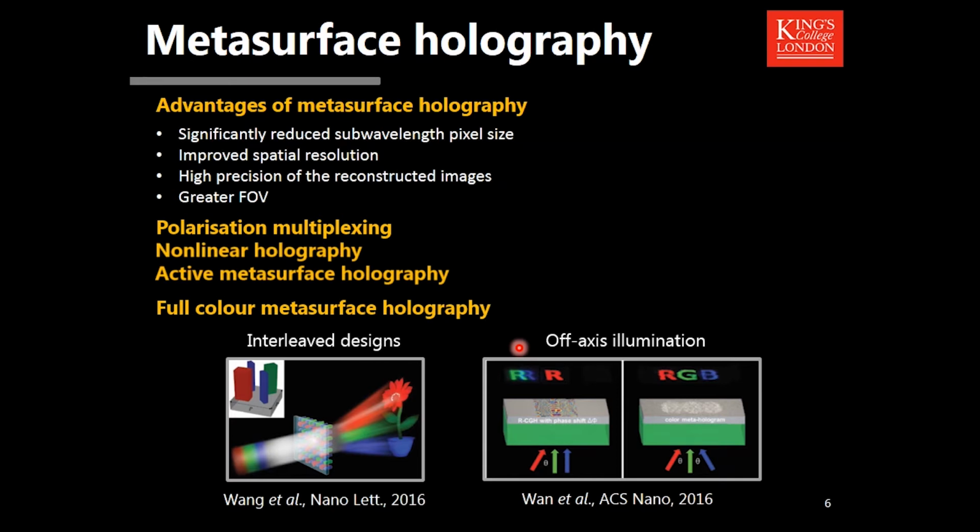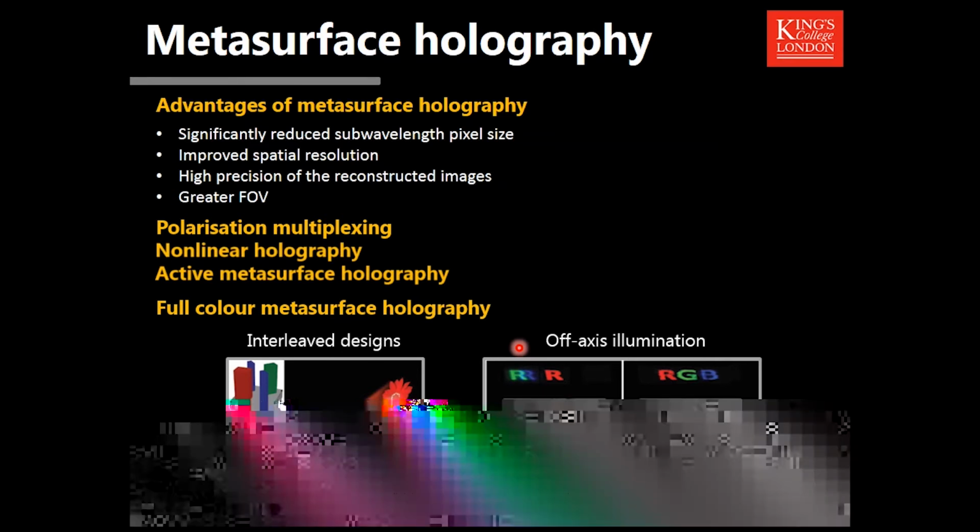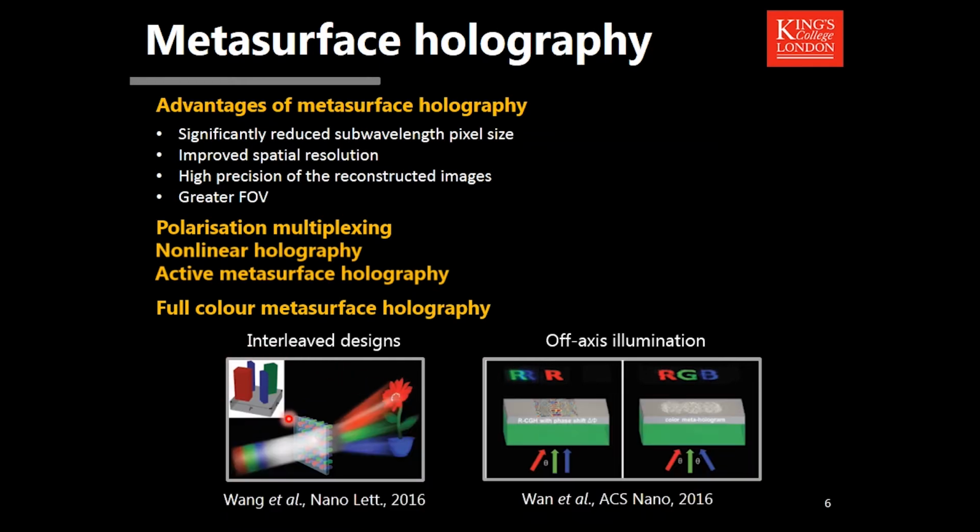So wavelength multiplexing has so far mainly been achieved using two different techniques. The first one is interleaved designs, where the unit cell of the metasurface is not composed of one subwavelength element, but multiple subwavelength elements, which respond to different wavelengths, here red, blue, and green.